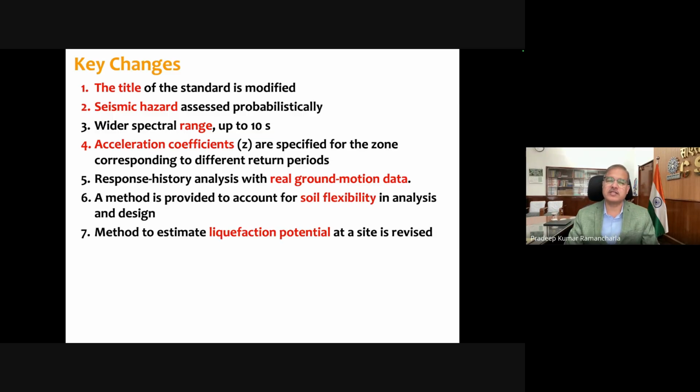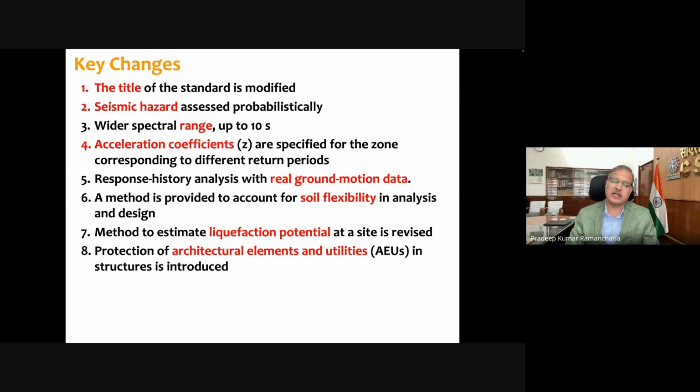Earlier a liquefaction potential assessment method was present; it is now an improved method. Next are architectural elements and utilities, which, when not secured properly, will cause severe injuries to occupants.